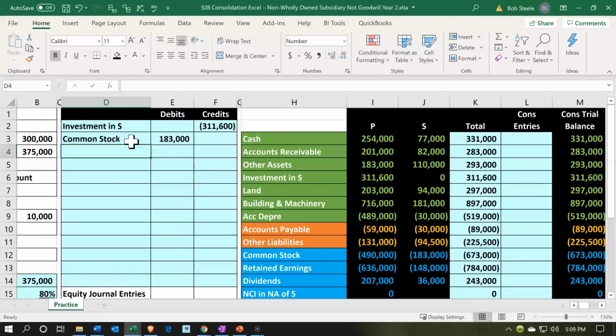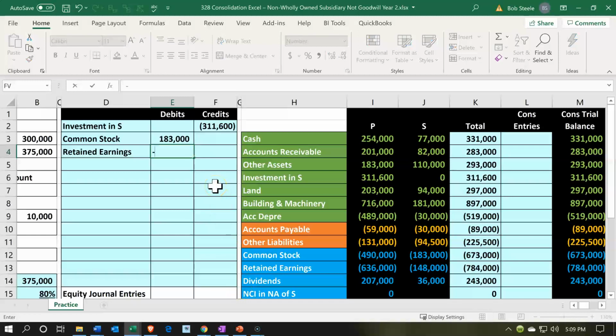Now the retained earnings would not be the same as of the date that it was purchased. However, we're going to remove the entire retained earnings as if it was wholly owned, basically. And then we're going to record the non-controlling interest portion separately. So that means we're basically going to remove the entire S's equity section.